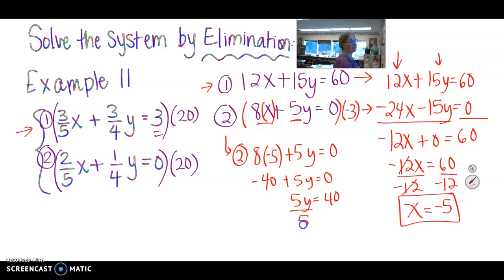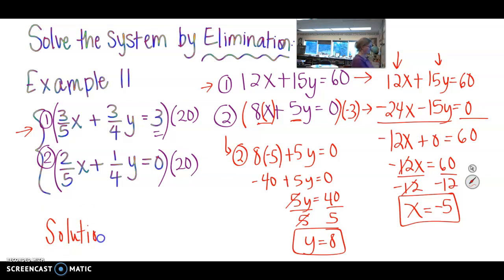Divide by 5, and we get our y value is 40 divided by 5, which is 8. So our solution to the system is negative 5, 8. And then we should be in the habit of checking our answers.